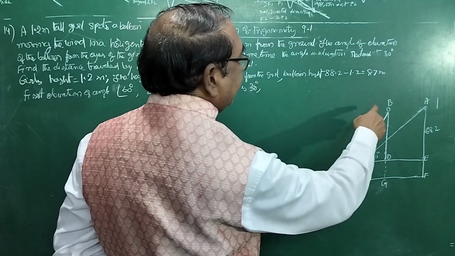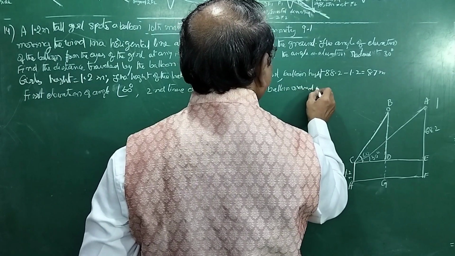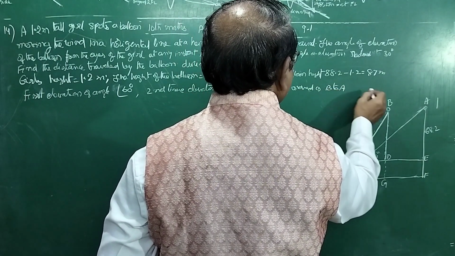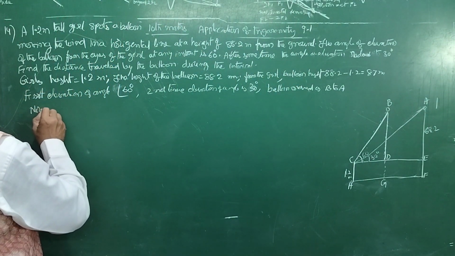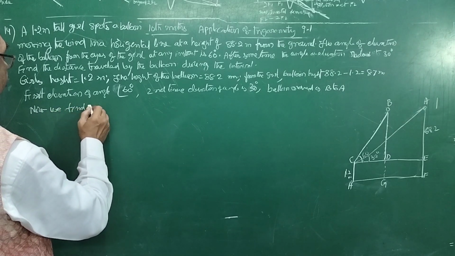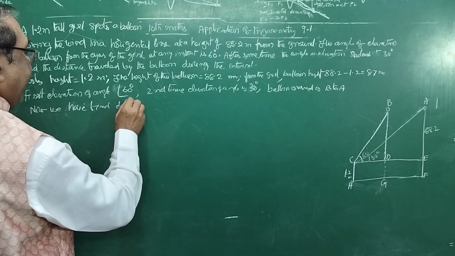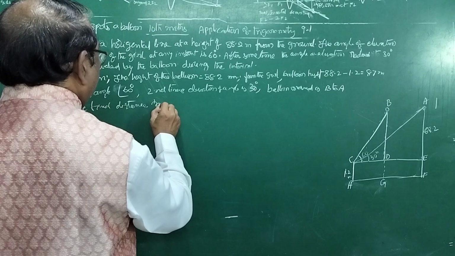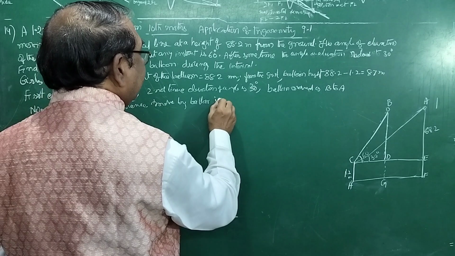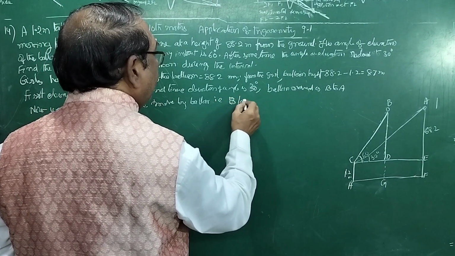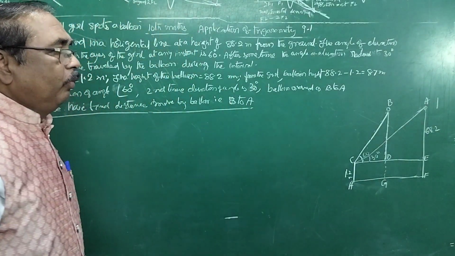The balloon moved from B to A. We have to find the distance moved by the balloon, that is BA. That is the question we have to find.